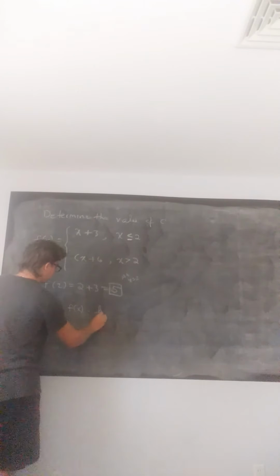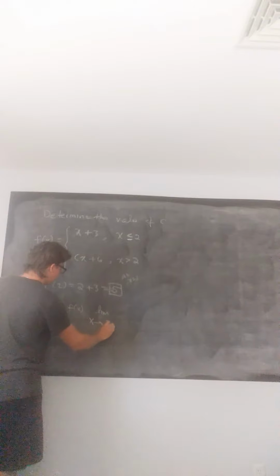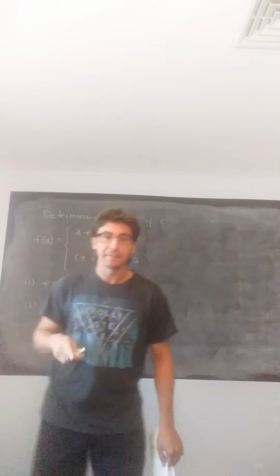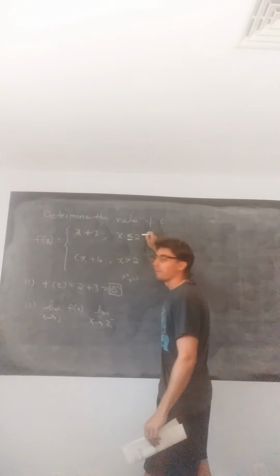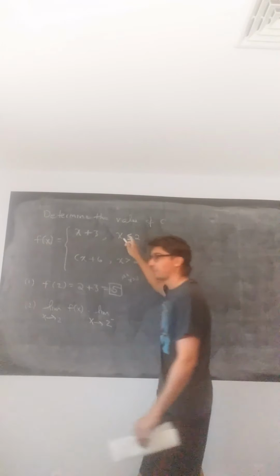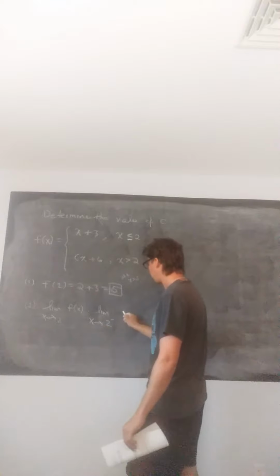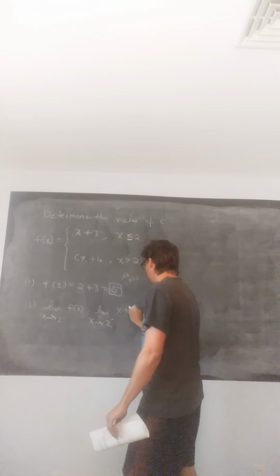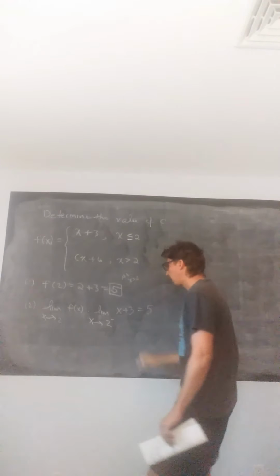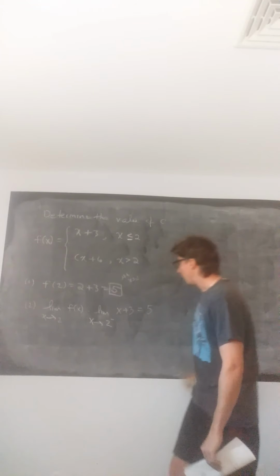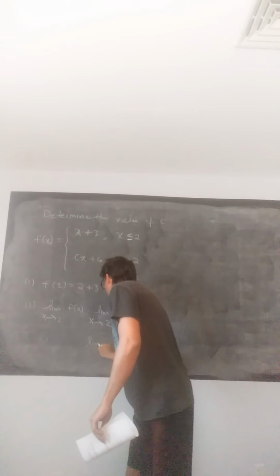So the first step is we're going to look at the limit as x approaches 2 from the left. If we're approaching 2 from the left-hand side, we're going to be using the top function, x plus 3, because that's less than or equal to 2. So the limit as x approaches 2 from the left of x plus 3 is the value of 5. Now we have to check the limit from the right-hand side.